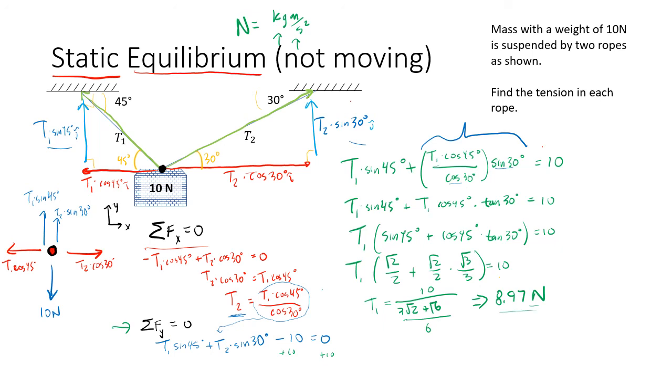Now, if we wanted to find what T2 was, notice that we have an equation for T2. It's right here. And now that we just found T1, we would plug that back in. This 8.97 is rounded. By plugging this into the calculator, you should have the exact value of T1. Do not use 8.97 when calculating T2.